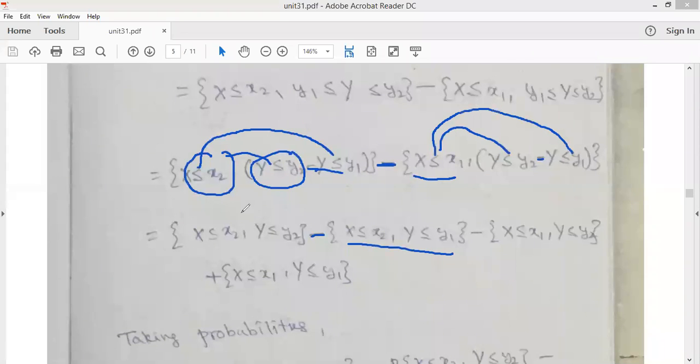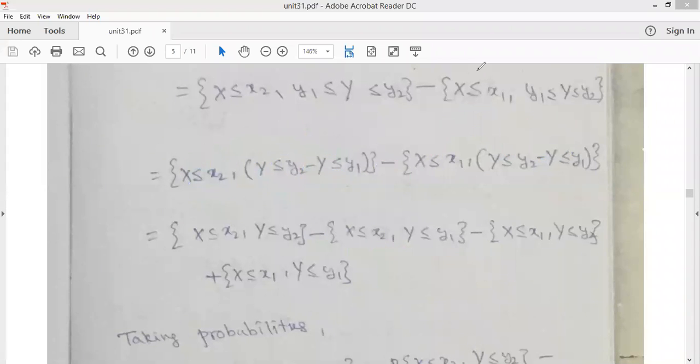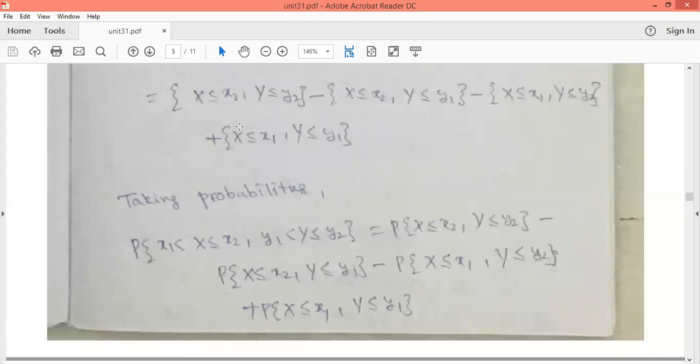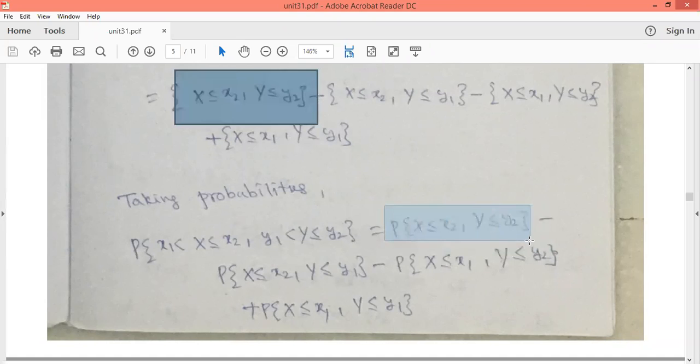Okay, now we take probability on both sides of this equation. If you apply probability on both sides of this equation, what do we get? Probability of x1 less than x less than or equal to x2, y1 less than y less than or equal to y2 can be written as, first term, probability of x less than or equal to x2, y less than or equal to y2.